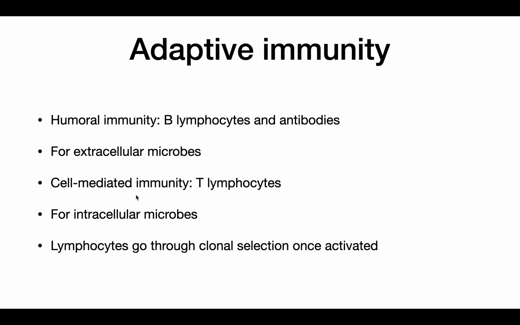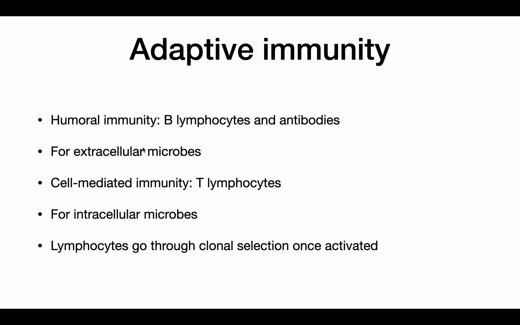So the cell-mediated immunity is going to be carried out by the T lymphocytes, and those are going to be responsible for your intracellular microbes. So these are going to target the bacteria that grow inside the cell, and these lymphocytes are going to go through clonal selection once activated. Some of them, the precursor to all of these cells, differentiate depending on what is needed, what cytokines are secreted.